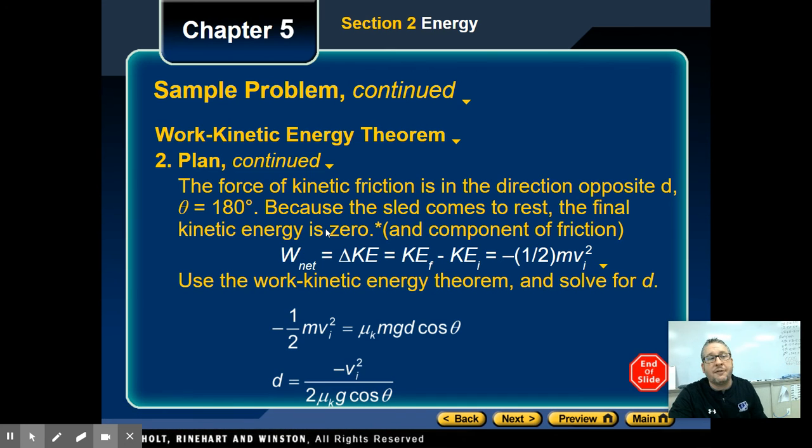The force of kinetic friction, we talked about this in previous chapters, it's always going to be exactly opposite the direction that it's going. So if a sled is moving forward, the kinetic friction is going to be acting in the backwards direction. So its theta will be 180 degrees because it's exactly opposite of the forward motion.